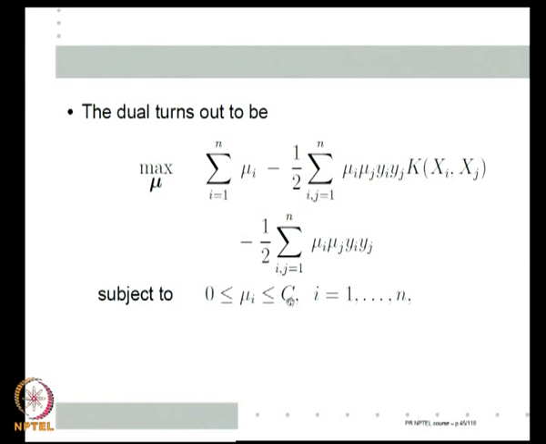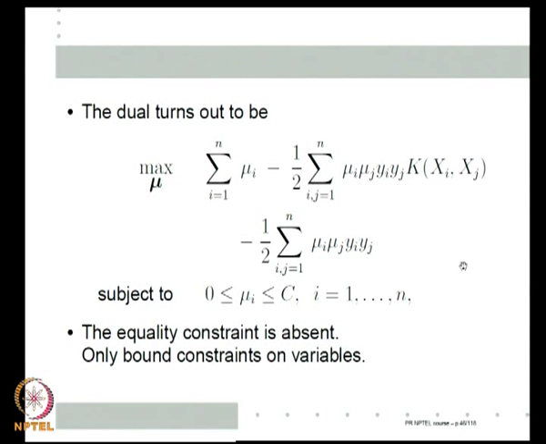But what I gain is that the equality constraint is lost. There is no longer the equality constraint in the dual, only bound constraints. Why is that such a great thing? Now, it is no different from just minimizing a quadratic function.